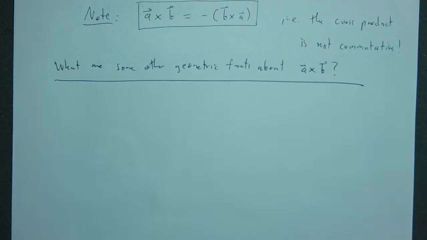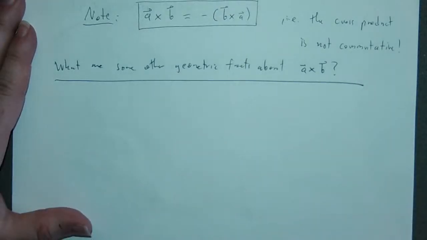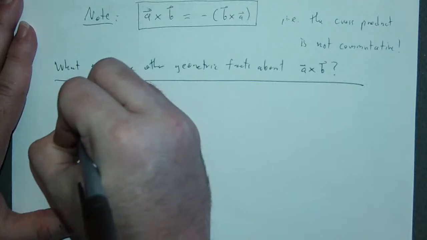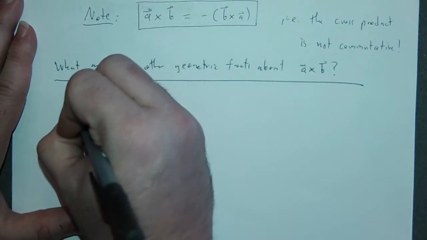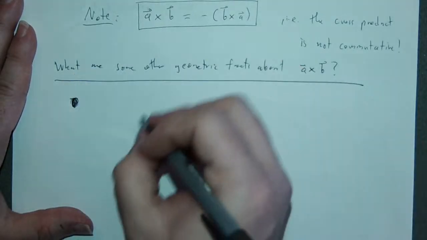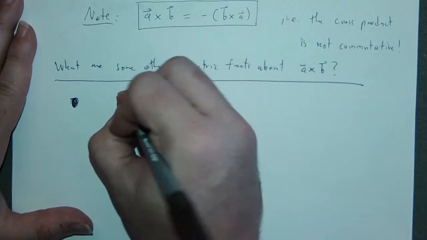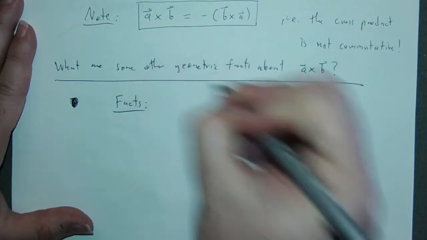There was a clear relationship between the dot product and the angle between two vectors. So it was related to length and angle. And specifically, it told you whether or not two vectors were perpendicular. Okay. So in a similar way, here's two facts. Maybe I'll list them as facts here.